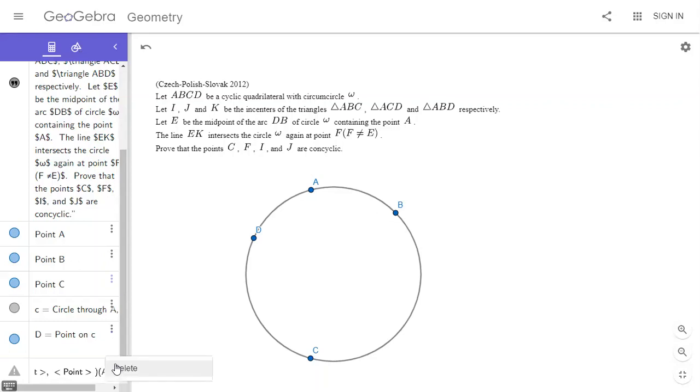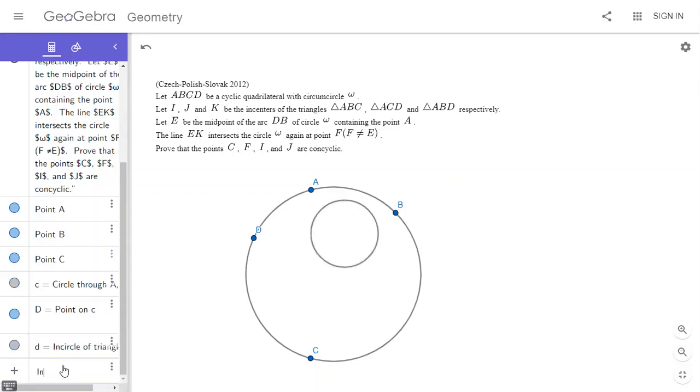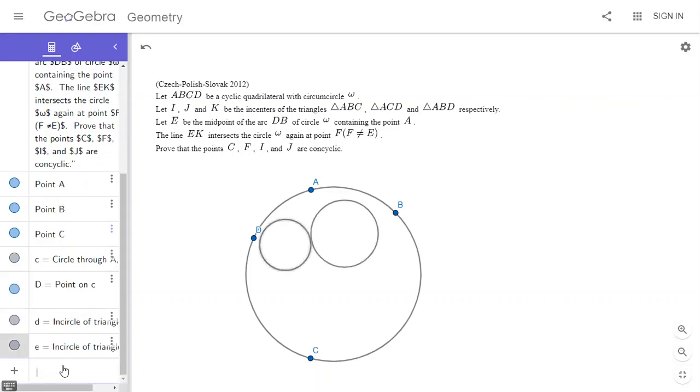Incircle ABC. Incircle ACD. Incircle ABD.